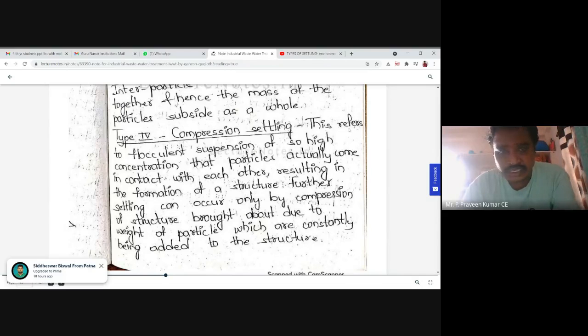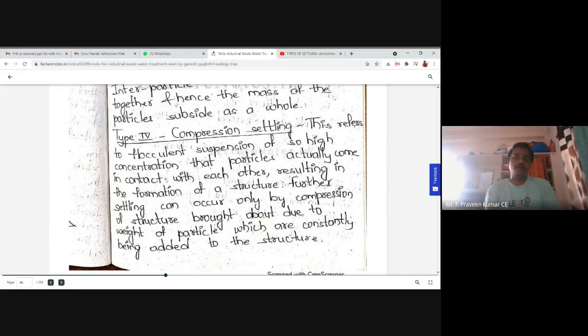See here. This refers to flocculent suspension of such high concentration that particles actually come in contact. Due to the blowing of this compressed air, the concentration of the particles will be very high, and they all come in contact with each other, resulting in the formation of a structure.